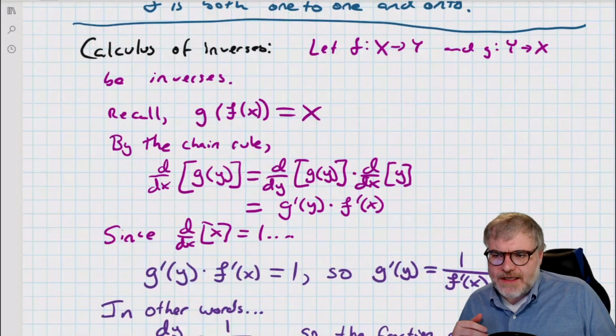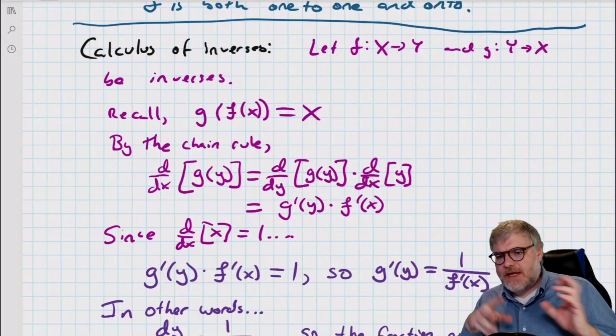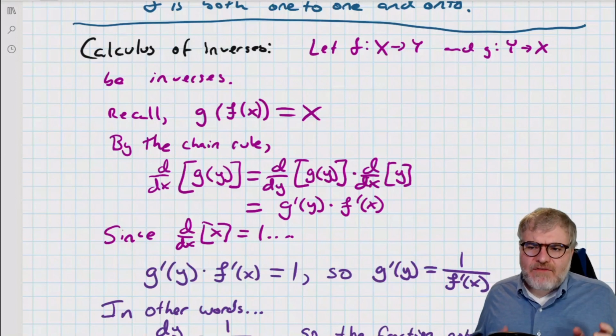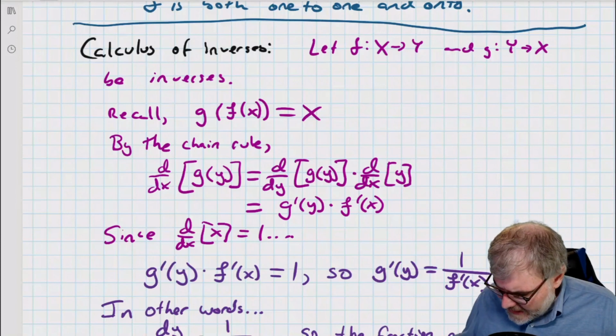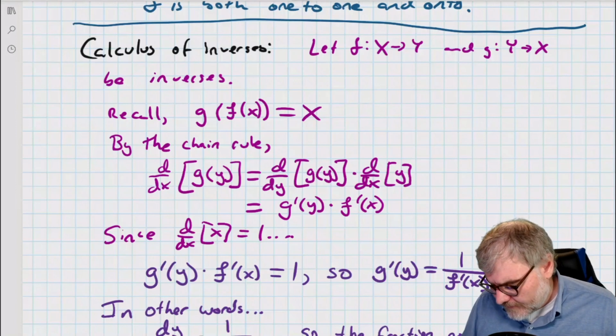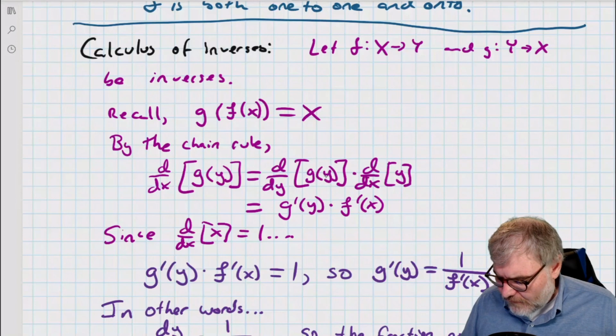Okay, so let's look at the calculus of these things. So I'm going to have f and g be inverses, f going from x to y, g going from y to x. Well, that means that g of f of x equals x. So by the chain rule, when I take the derivative with respect to x of g of y, because remember y equals f of x, I get d over dy of g of y times d over dx of y, which means that I get g prime of y times f prime of x.